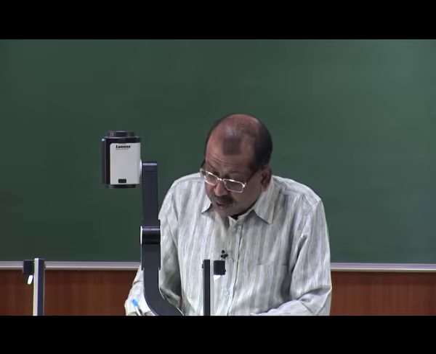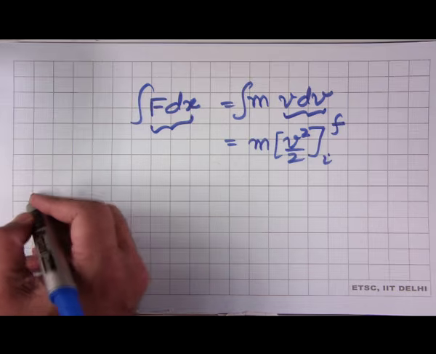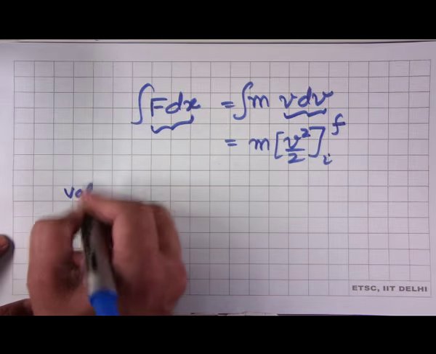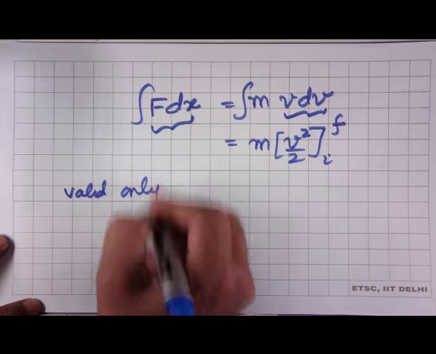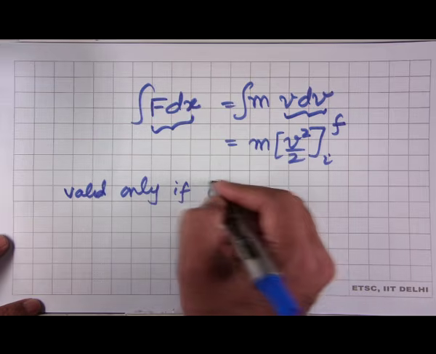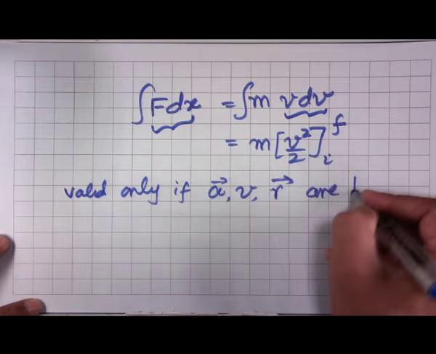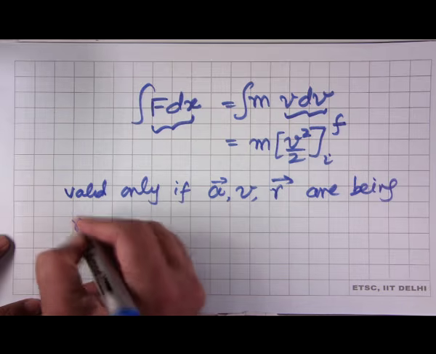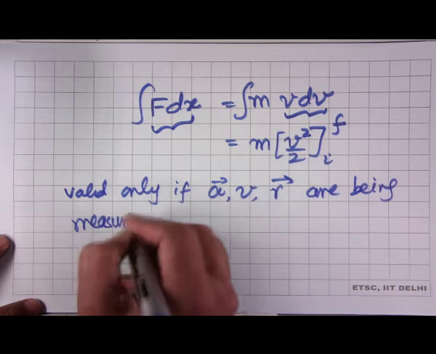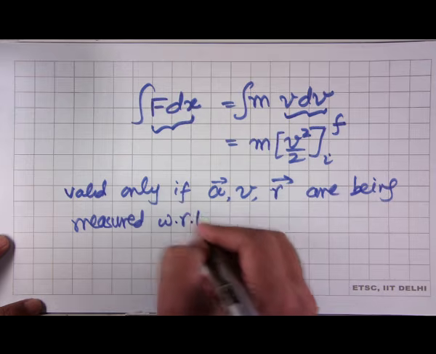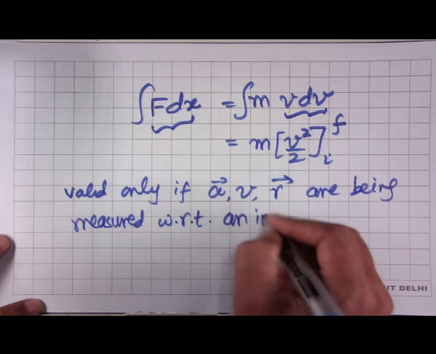Now, because we are using Newton's second law, this is valid only if acceleration, velocity and displacements are being measured with respect to an inertial frame of reference.